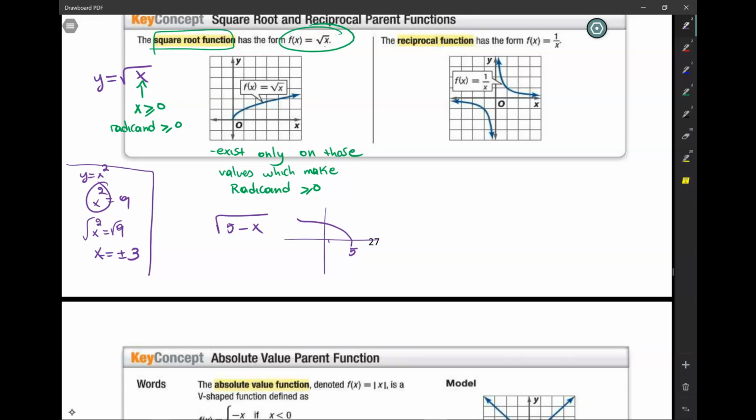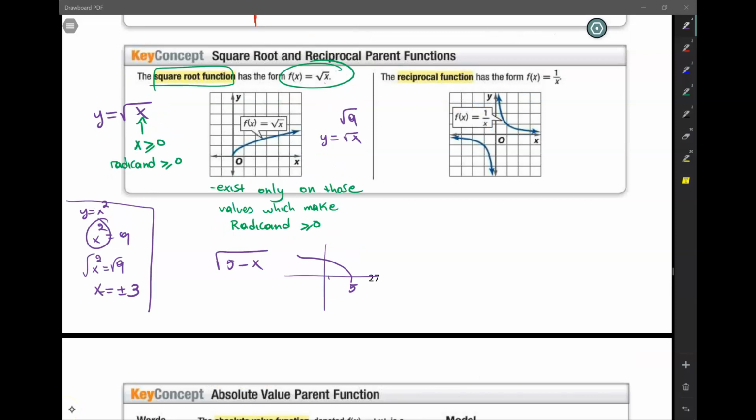But what we're talking about, if you're just taking the square root of 9, the answer to that is not plus or minus 3. That's just 3 because that comes from y equals root x. And what does that do? Whatever goes in there, it just takes the square root with no plus or minus.